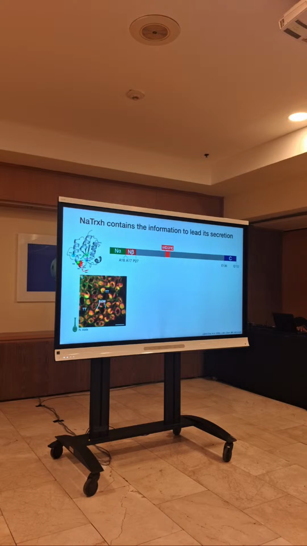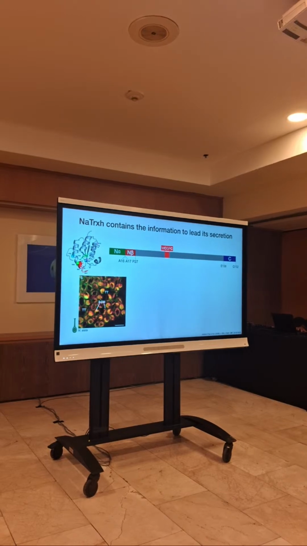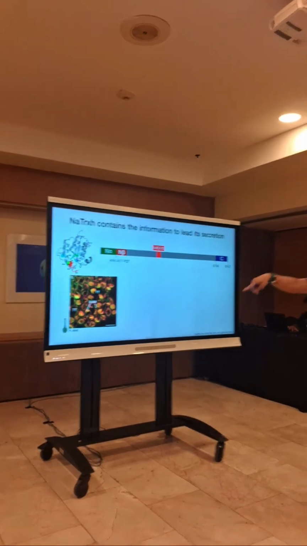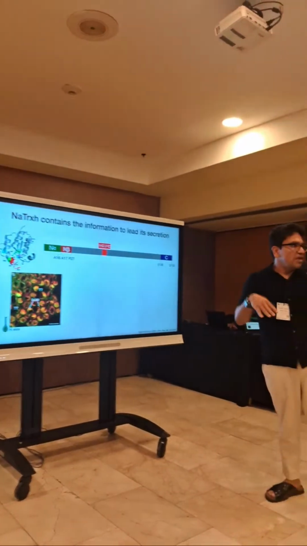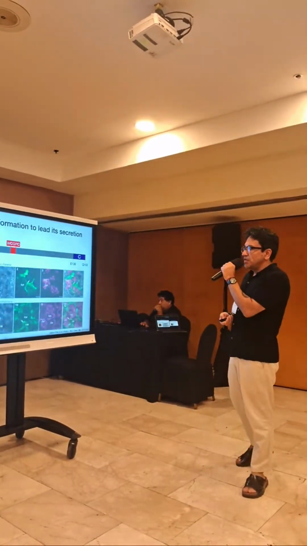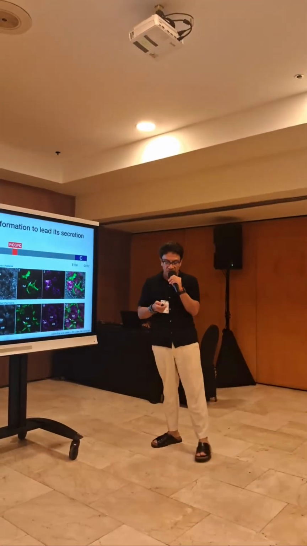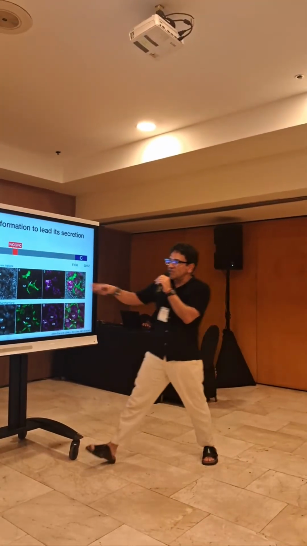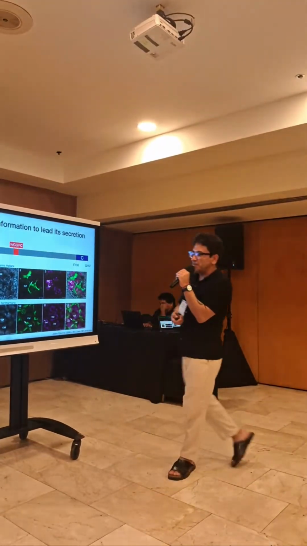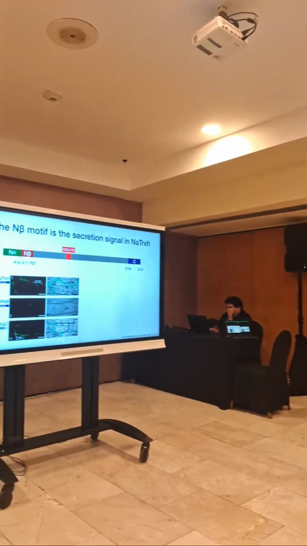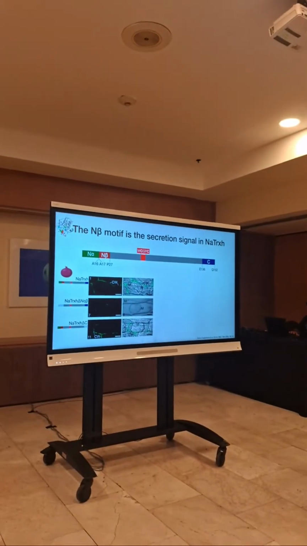So we proved that it is not because this tissue is quite secretory, and it's not the result of that. By transient expression assays, we confirmed that the protein has information for its secretion, besides not having a clear signal peptide. So to identify where the information was, we made some deletions.